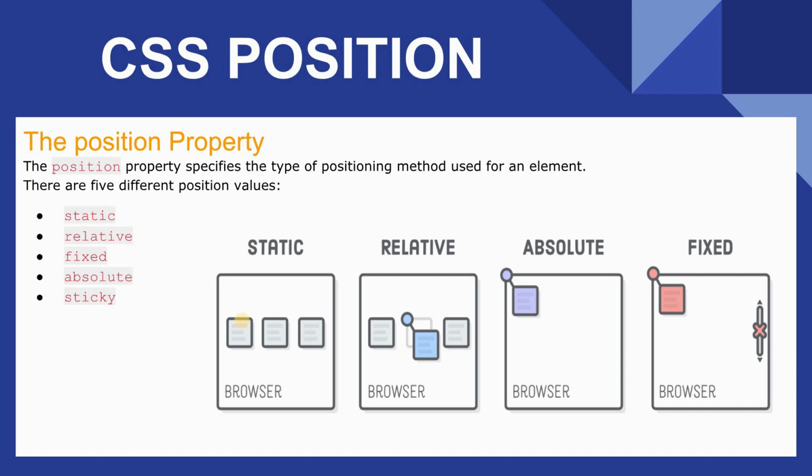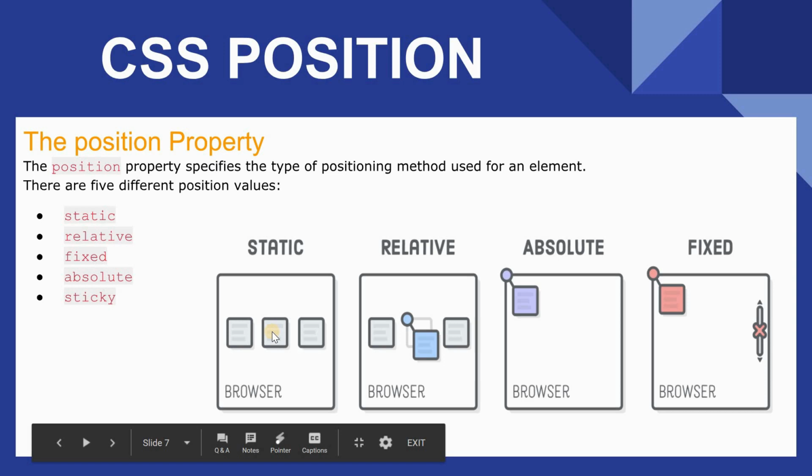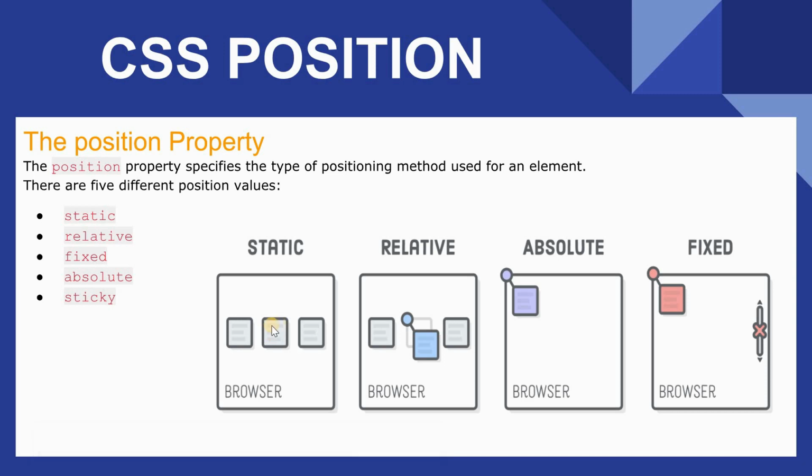So what does the static positioning say? Let me consider these are three images, three elements. If I apply the positioning of this image as static, then no change will occur here, because by default it is in static positioning.